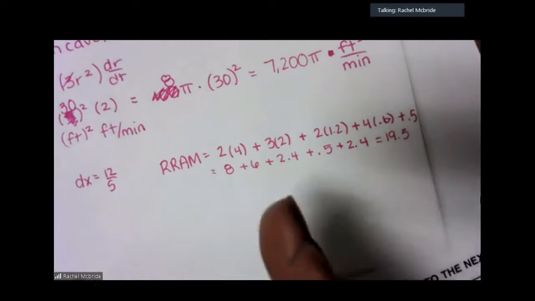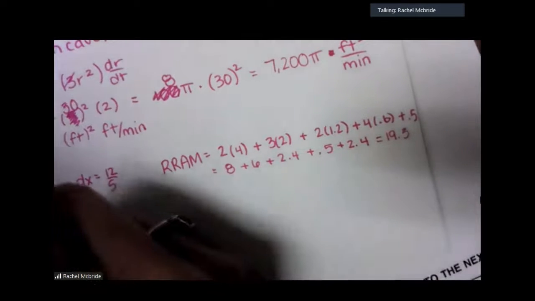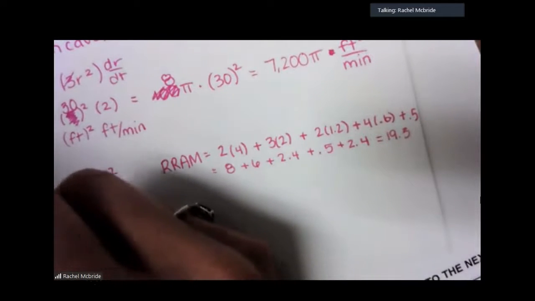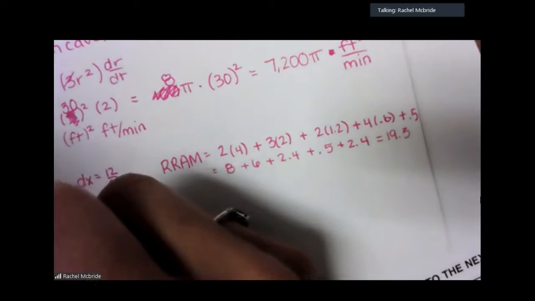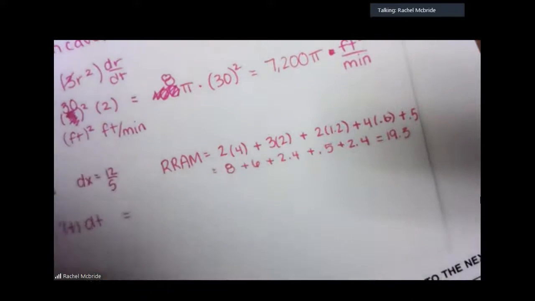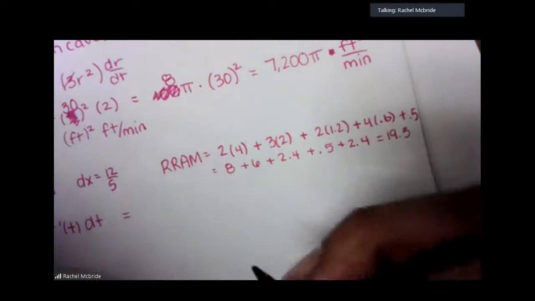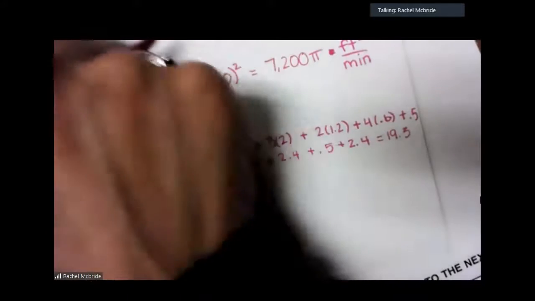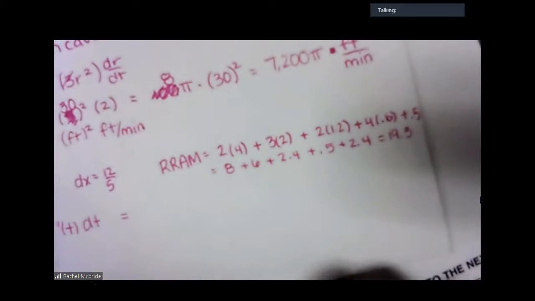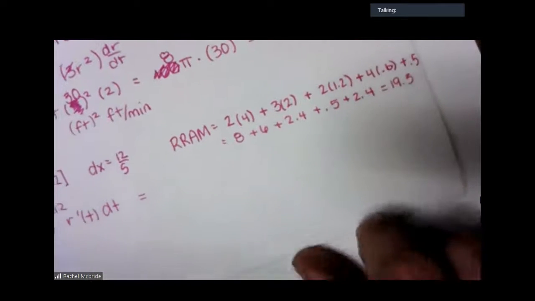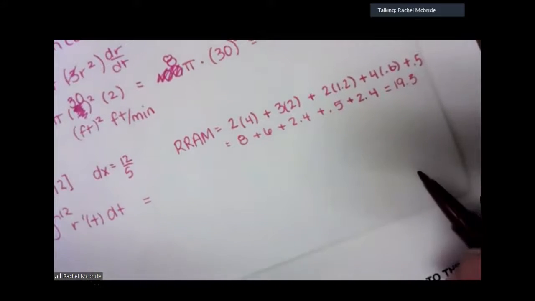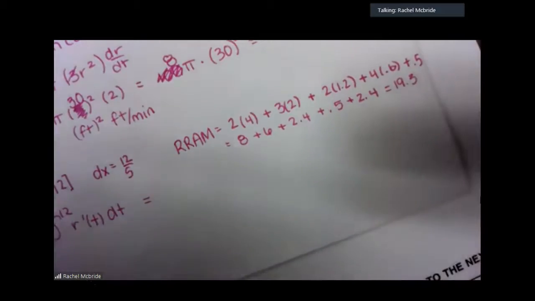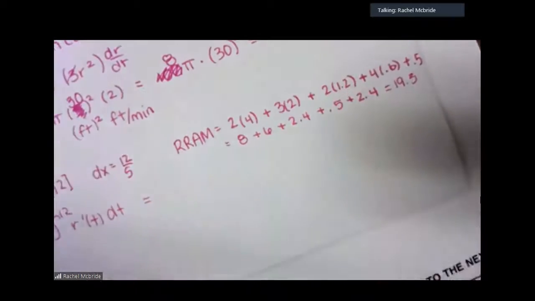And again, if you're finding the integral from 0 to 12 of r prime of t dt, then that's equal to what? Because it asks you, using correct units, to explain the meaning. Yeah, it's the change in the radius in feet, perfect, from 0 to 12.